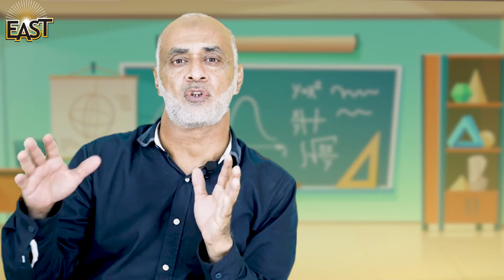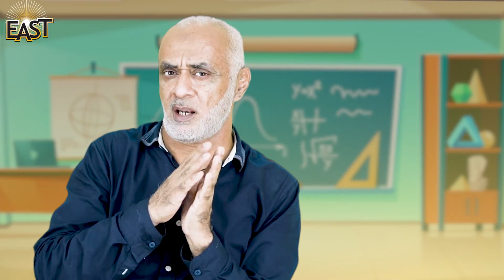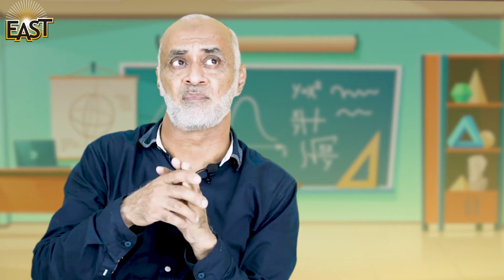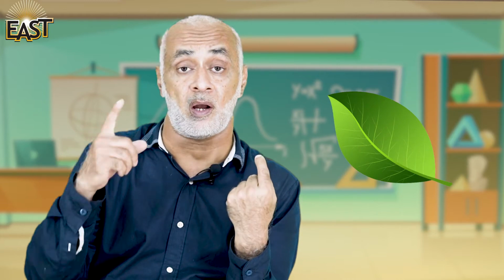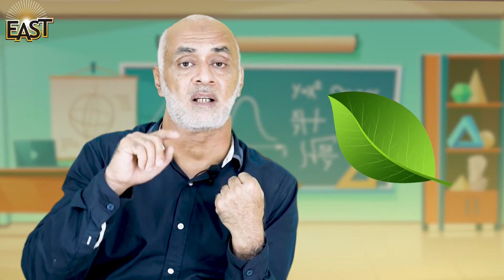Okay, now you tell me. Now let's think about this. You have one leaf, so that is 1 unit. What about if you have 5 leaves? That is 5 units. And if you have 10 leaves, what is that?